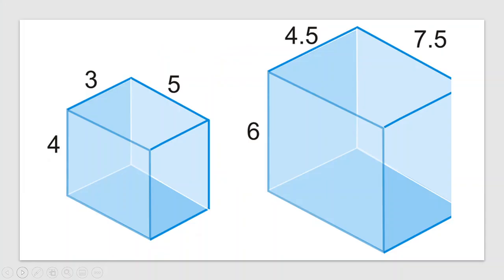All right? So here we have a similar situation. I want to calculate volume for two shapes. If it's 4 is to 6, and 3 is to 4.5, and 5 is to 7.5, my K factor can be found by 6 over 4, image over pre-image.